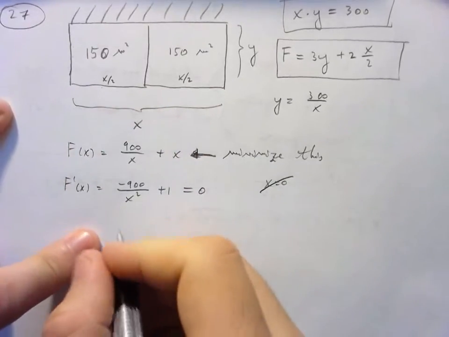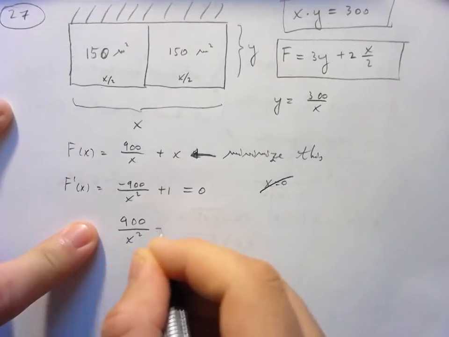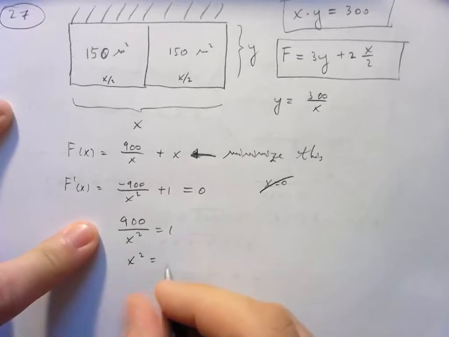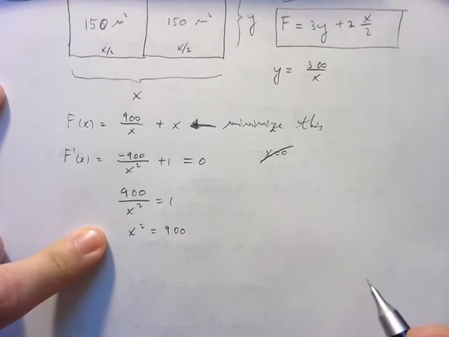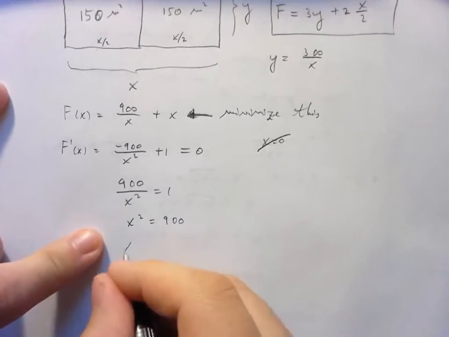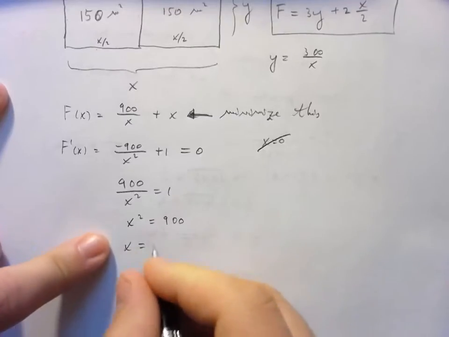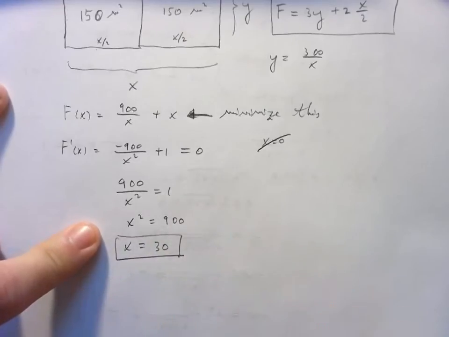What I'm trying to solve is, when is 900 over x squared equal to 1? That means x squared is equal to 900. So I take square roots, and I get that x is plus or minus 30, but we're only going to take the positive root. So this is the critical point.